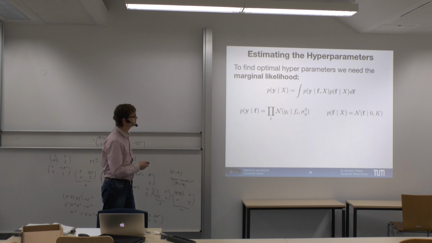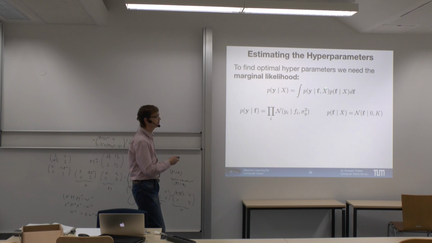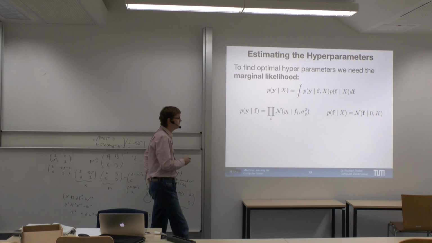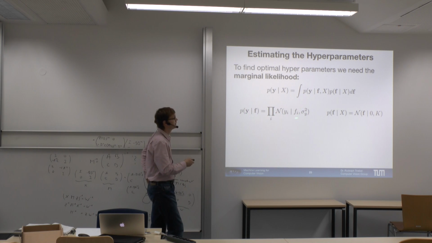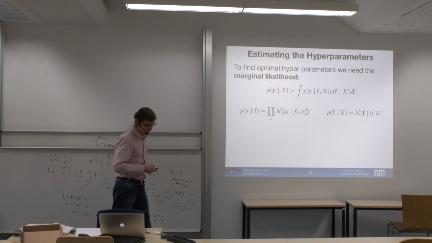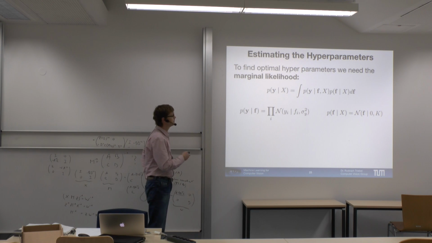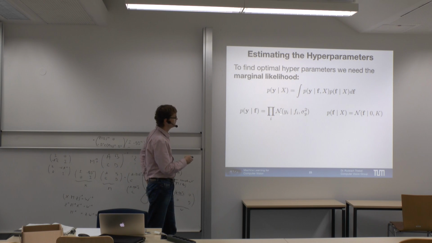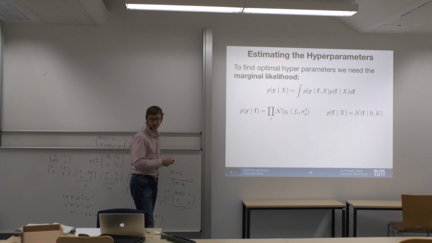And the nice thing about this is that this is, again, all Gaussian. So this is a Gaussian, this is a Gaussian. We know all these Gaussians here. We know that this is our noise, right? For a given latent function value f, our likely output y is distributed as a Gaussian, and this Gaussian has a diagonal matrix, which means that we can express it as a product over one-dimensional Gaussians, right?